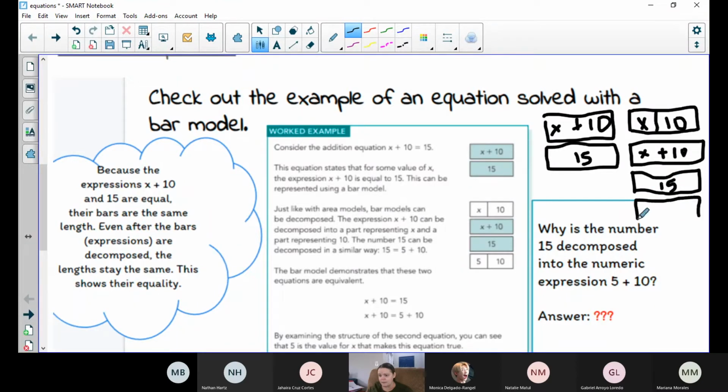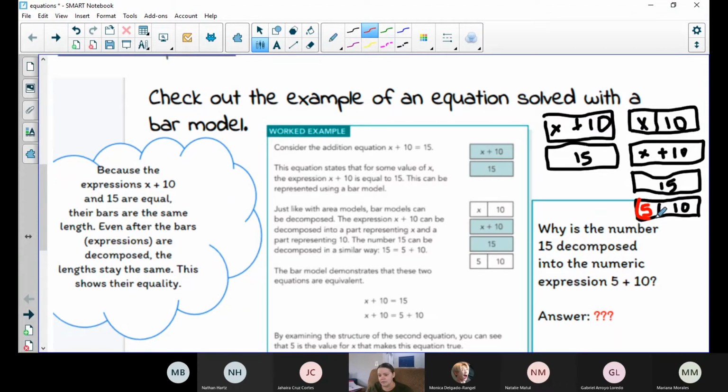And then on the bottom here, I know that part of that 15 is 10. And I can use this to figure out this missing piece right here. So if part of it is 10, I know that the piece that is left over is 5 because 10 plus 5 is 15.